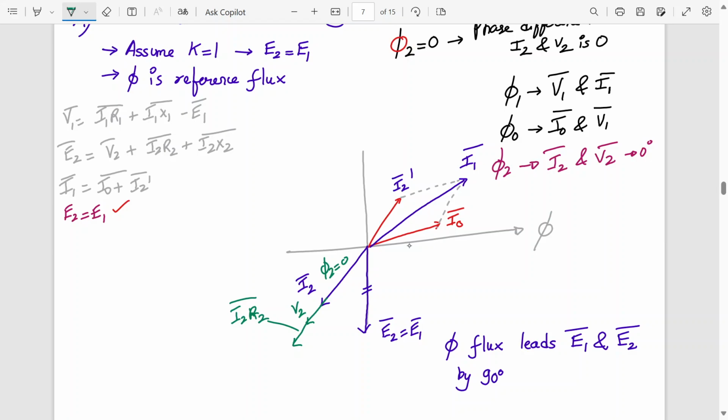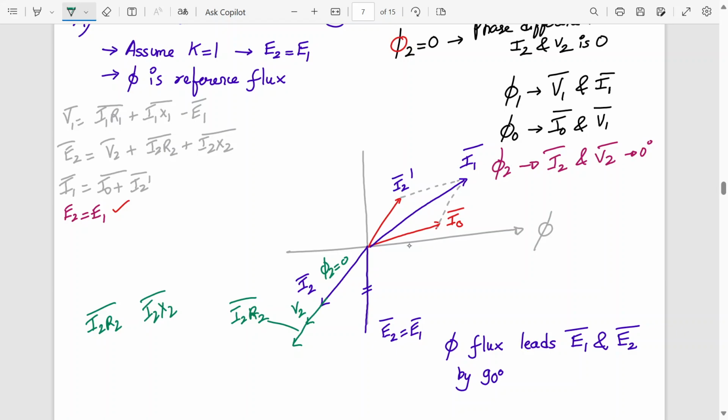Now tell me, where will I2 X2 come? I2 R2 I have drawn. Now I have to draw I2 X2. What is the relationship between them? This is an inductor. So the current flowing through the inductor and the current flowing through the resistor, which one leads? It's a pure inductor, so it lags behind by 90 degrees.